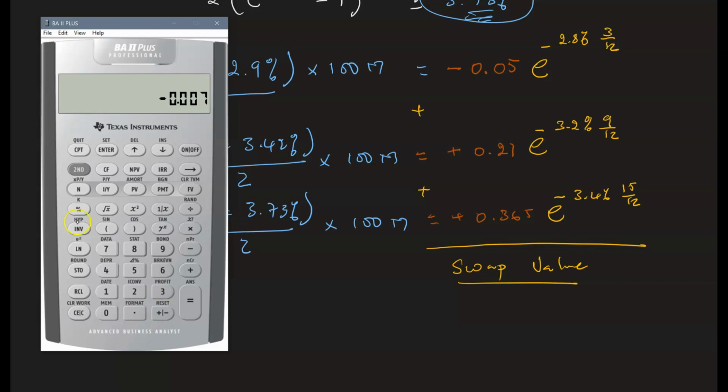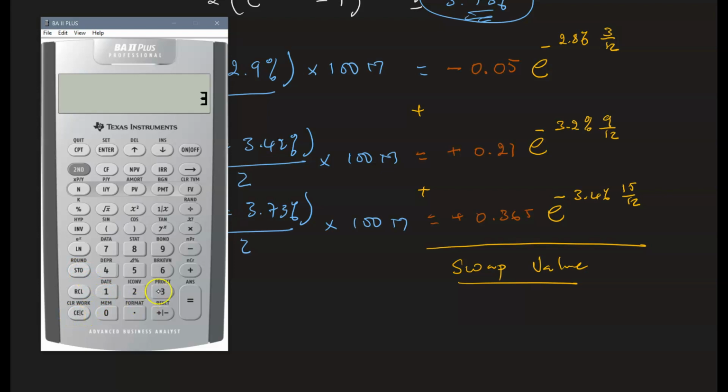That's a minus in front there. We're going to do second function exponential, and we're going to multiply that by 0.05 minus equal. So that gives us the present value of the first cash flow. We're going to store that one. So store 1, store 1.